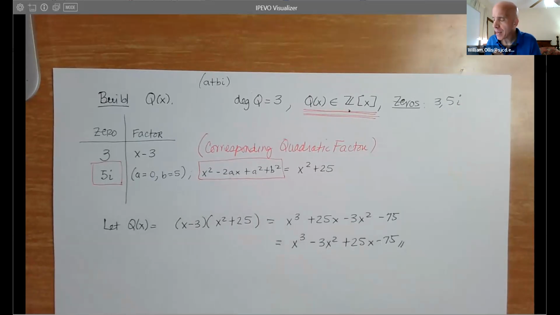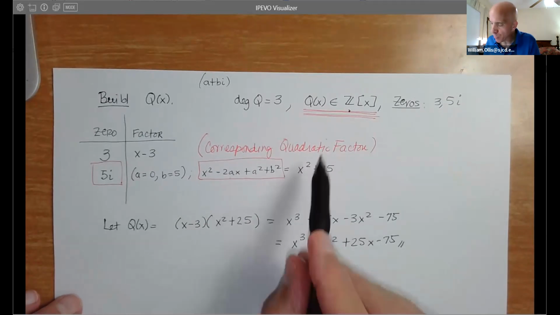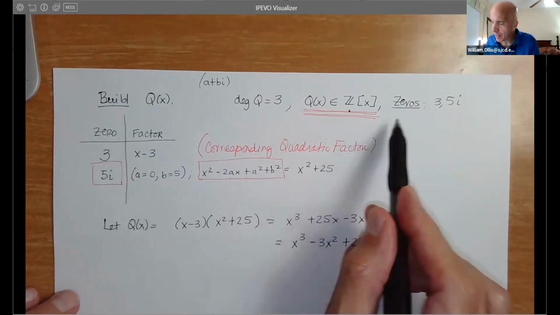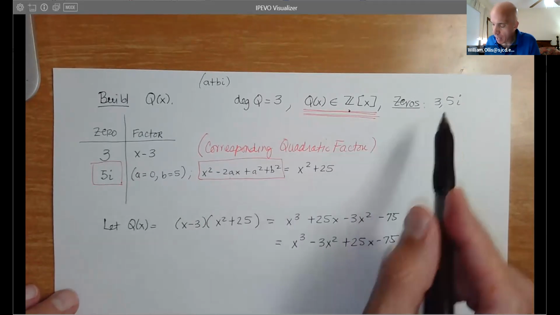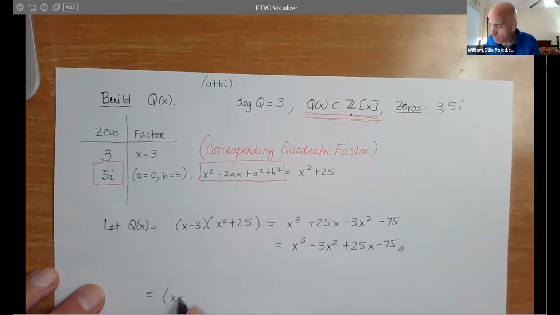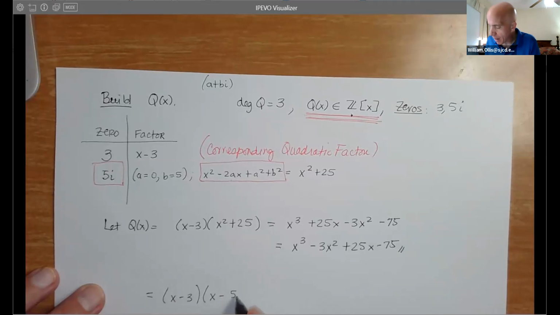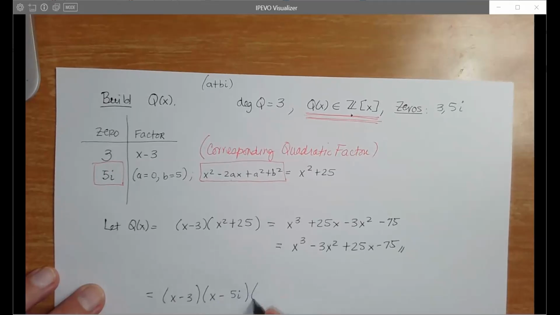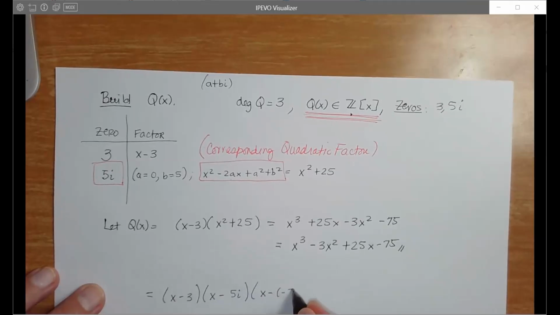So main thing, ladies and gentlemen, is complete factorization. Now, if we think about this, we're thinking we already have complete factorization because it was given that way. But if we just wanted to belabor the obvious, we'd say x minus 3, x minus 5i, and then x minus -5i.